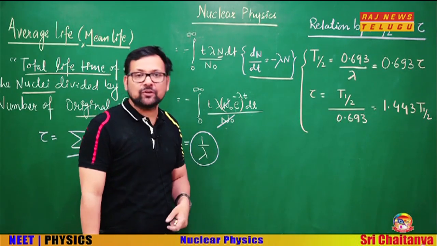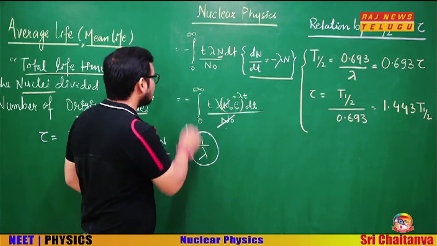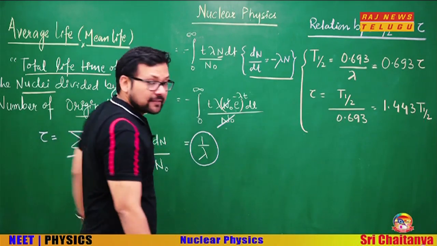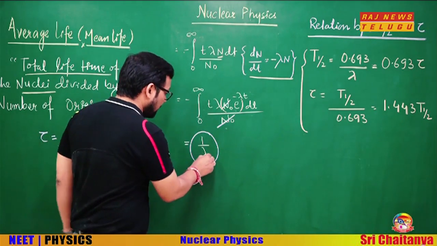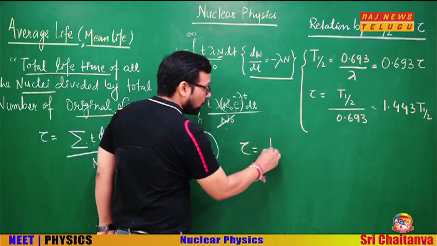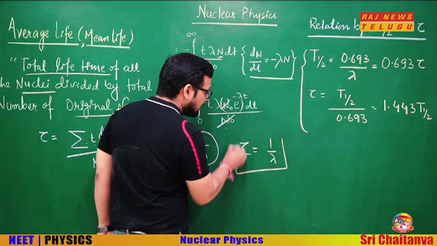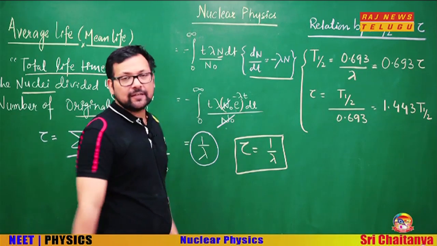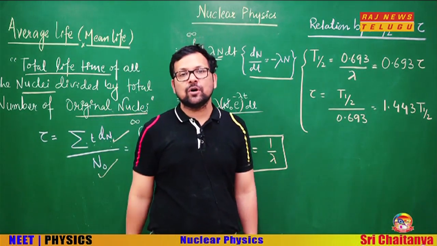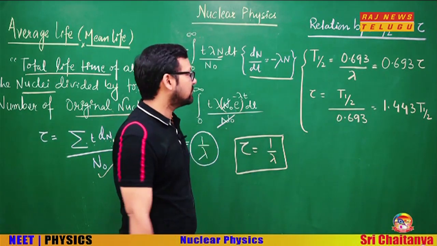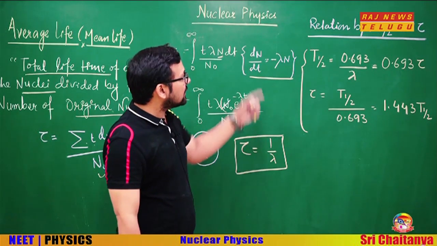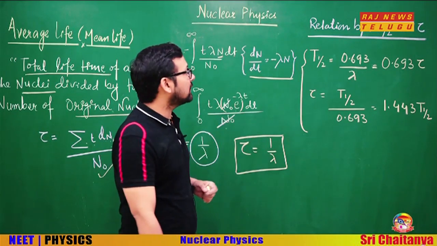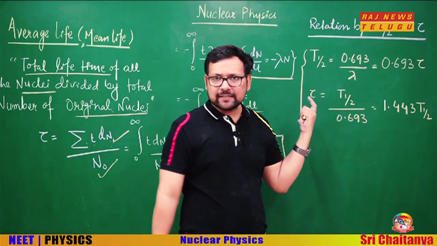After integrating it with a proper method of integration, we get that the tau we started with, the mean life, is 1 by lambda. The reciprocal of the decay constant is called the mean life or the average life. How is it related to half-life? Very easy conversion formula.